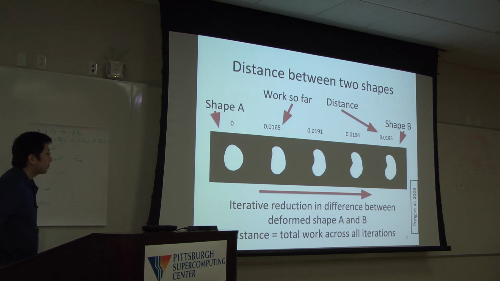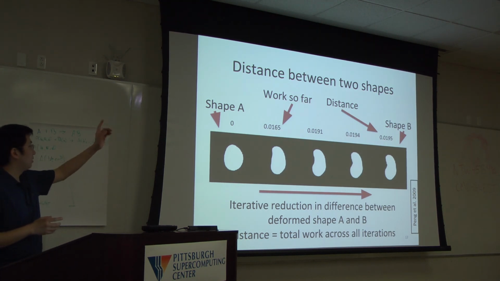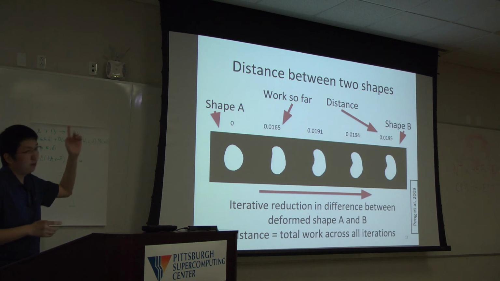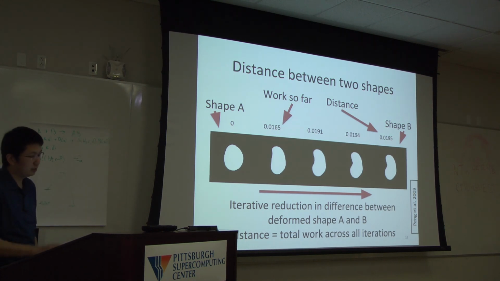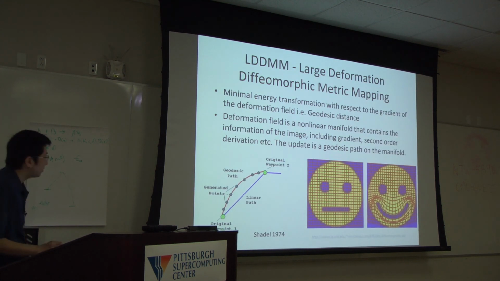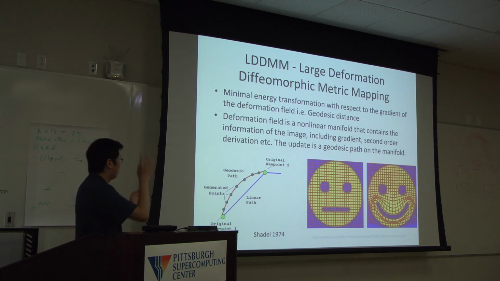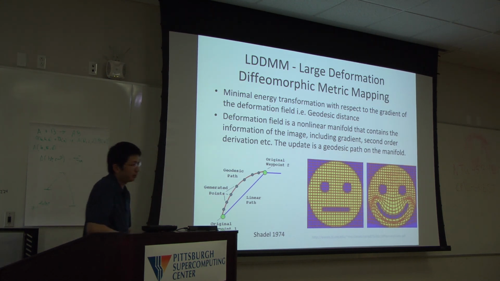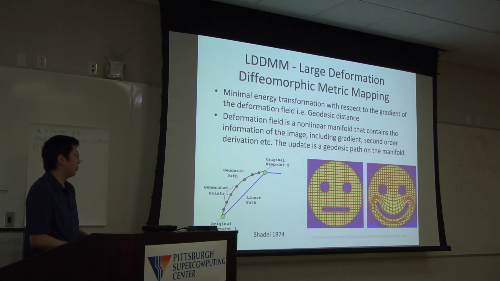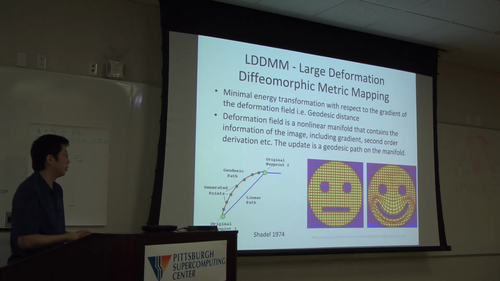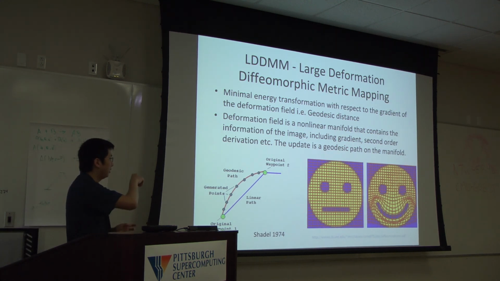So here, in sum, this quantity can measure the dissimilarity between two shapes. And also, again, I want to make it clear, it is not a linear interpolation or linear process between two shapes. It's a nonlinear transform.